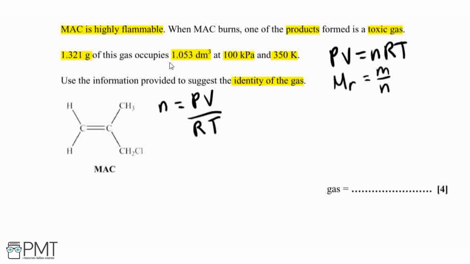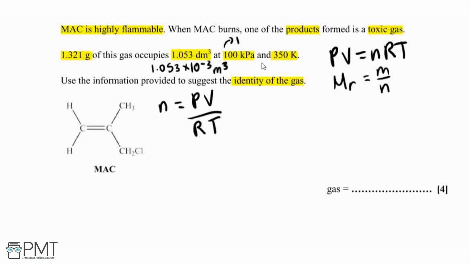So 1.053 decimeters cubed, to convert that to meters cubed, we just have to divide it by 1,000 overall. So we will have 1.053 times 10 to the minus 3 meters cubed. And then next we need to convert our pressure into pascals. And to go from kilopascals to pascals, we just multiply by 1,000.